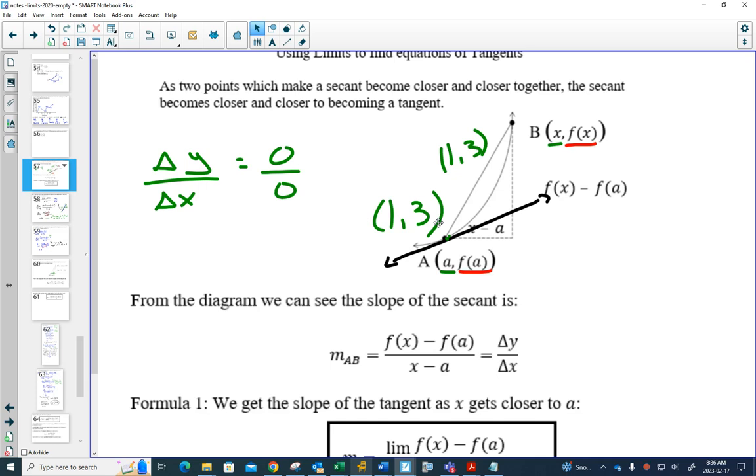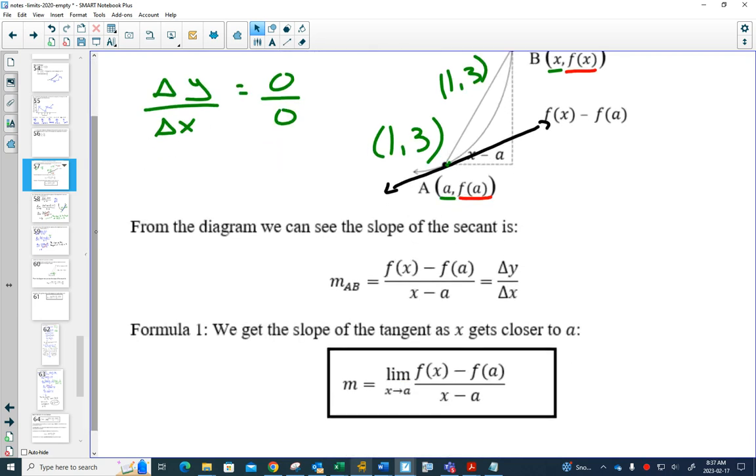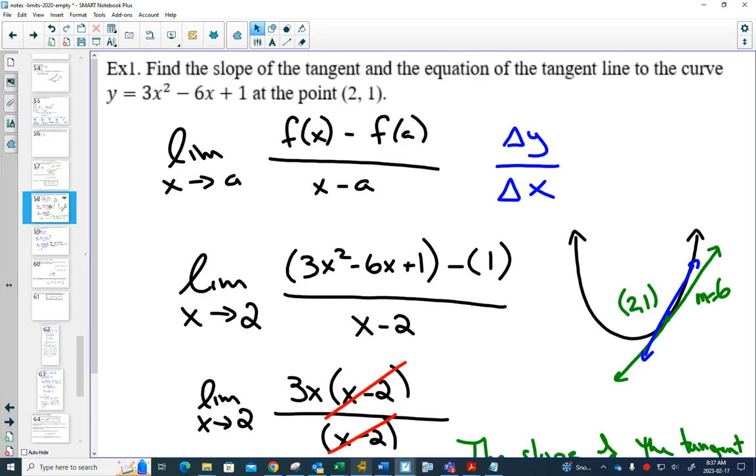So first, we took 2 points on a curve and made a secant line with point A and point B, and we started off with saying 1 point is X, 1 point is A. And we actually made X get close to A, and we had this formula then for the slope of the tangent at A. And when we use this formula, as we did in an example like this, since we're finding it at the point 2, 1, we plugged in 2 for A, and we said we're looking for when does X get close to 2.